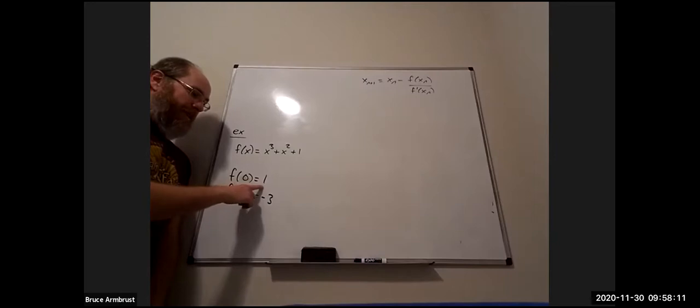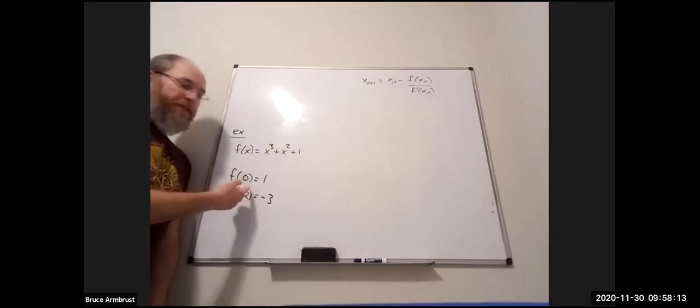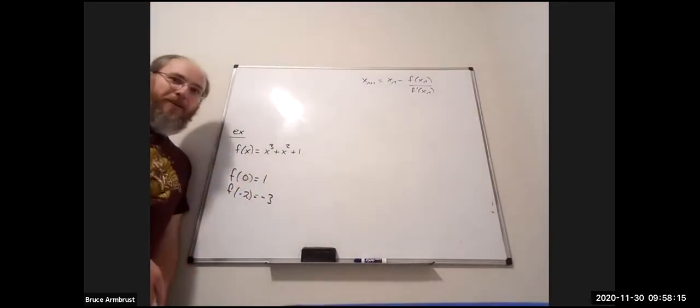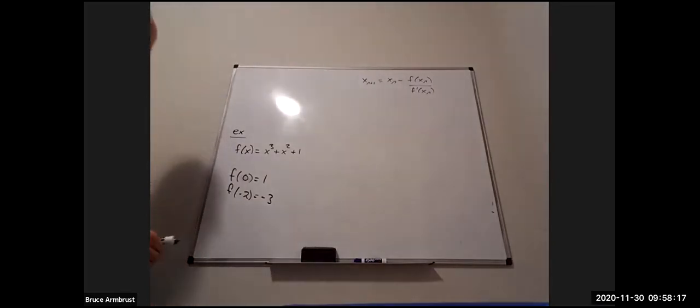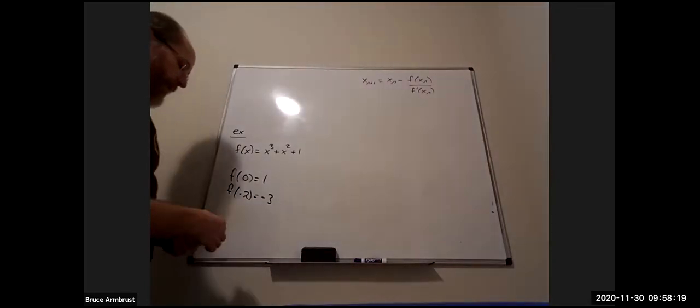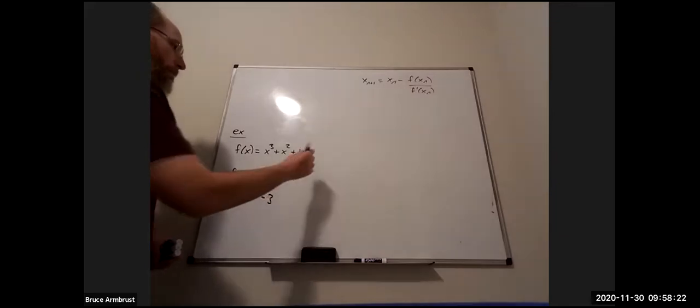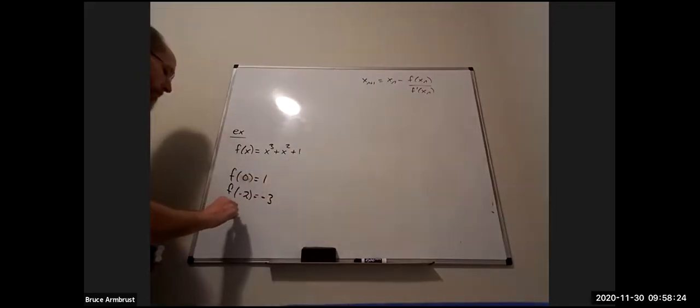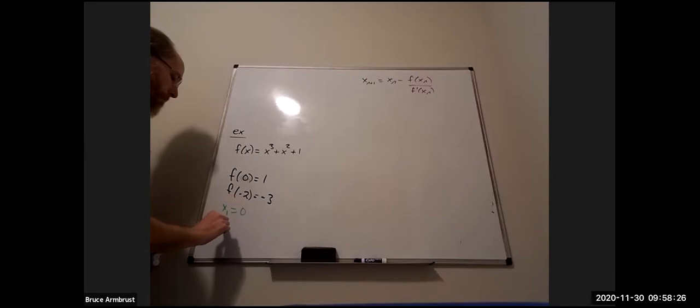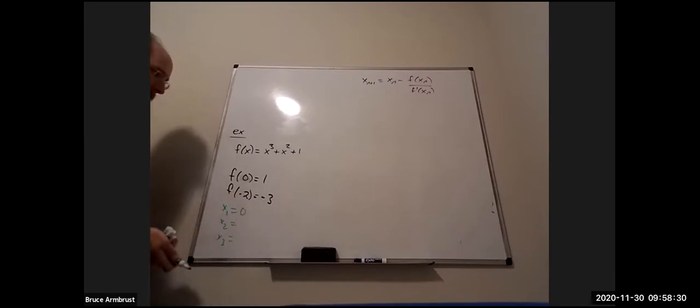I mean, it gives us something that's not far from 0, plus it's a really easy number to plug in later. So let's try 0. Okay, so we're going to do our initial guess of 0. So then let's figure out what x2 is, what x3 is, and so on.